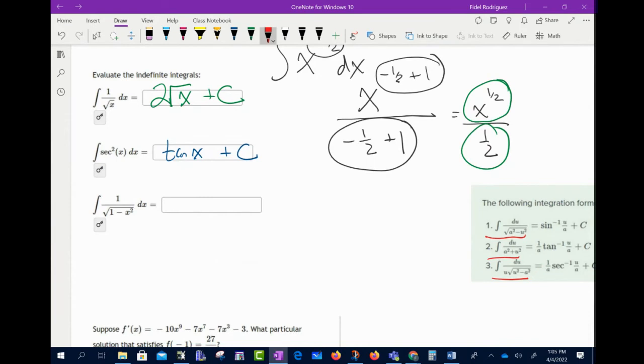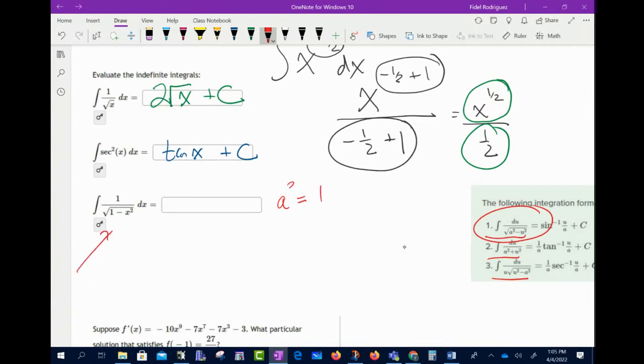Let's see, why couldn't it be the bottom? Oh, because look at the order of your variables. It's u squared first and then a, where u is the variable that I'm using, and here we have our x coming second. Okay, so y'all, I'm going to ask you for a flavor. What is the value of a here in my problem?